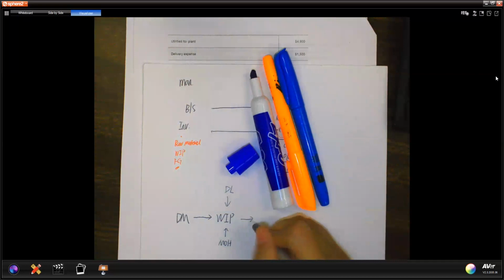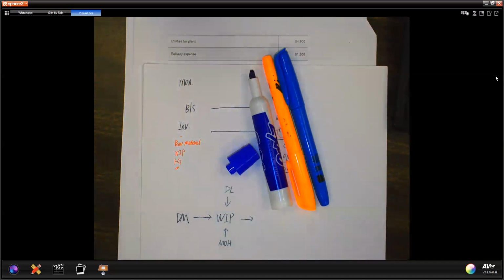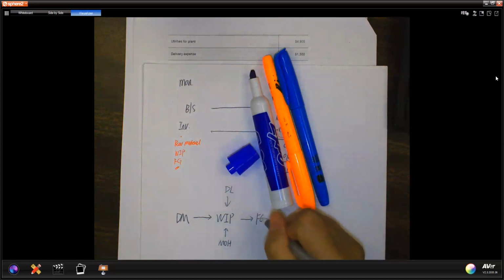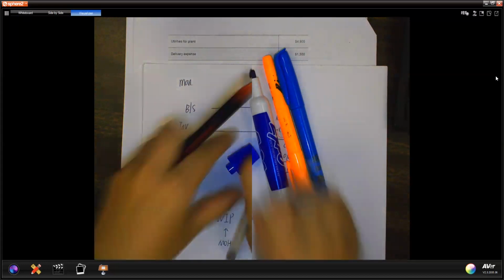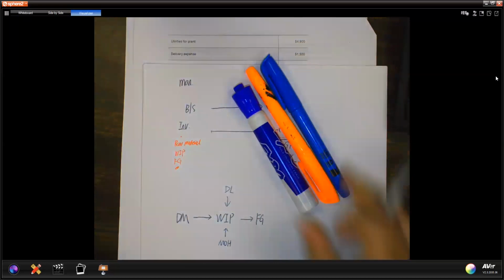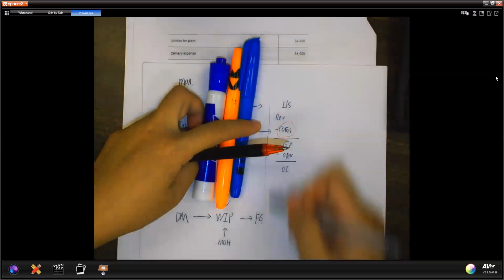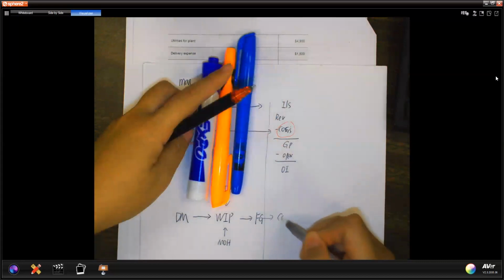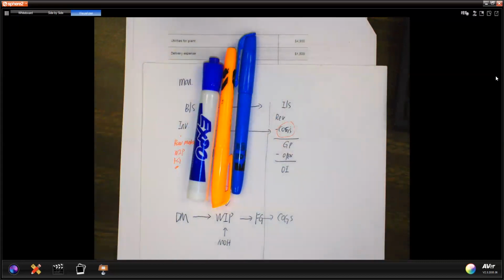Once you have the work in process, we work on those pencils day and night, and we will have the finished goods, all finished. Then we can sell them to become cost of goods sold. So we have to calculate the finished goods first.